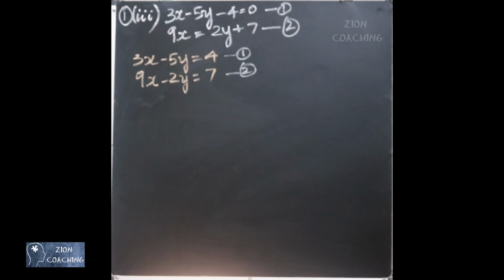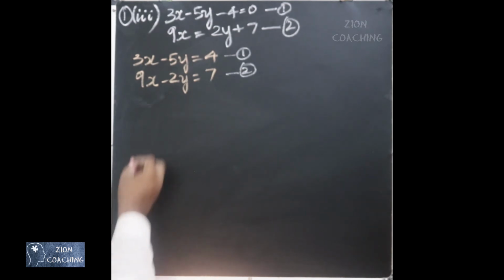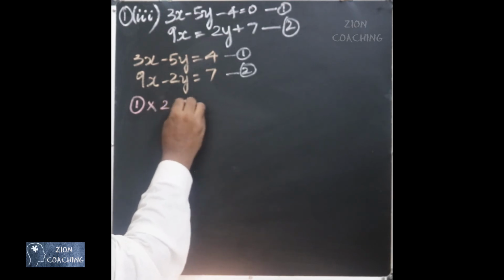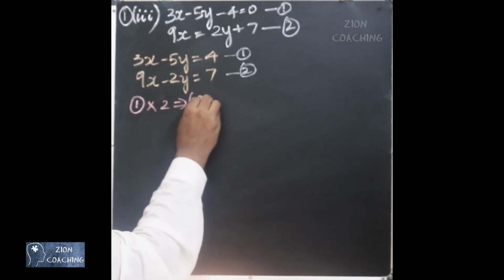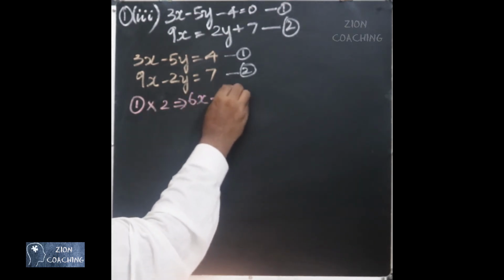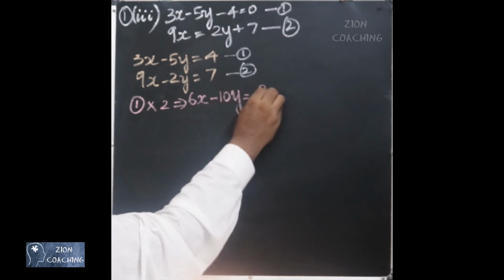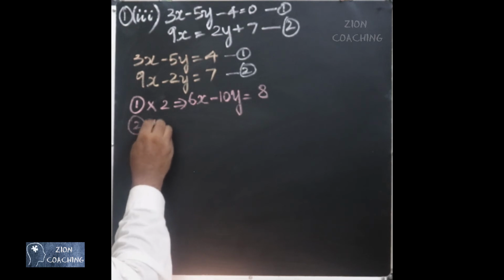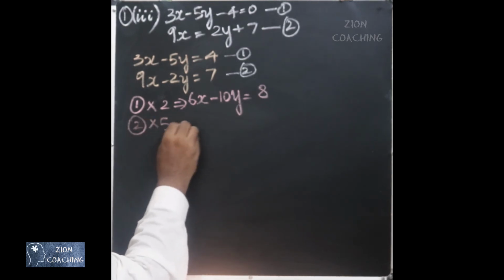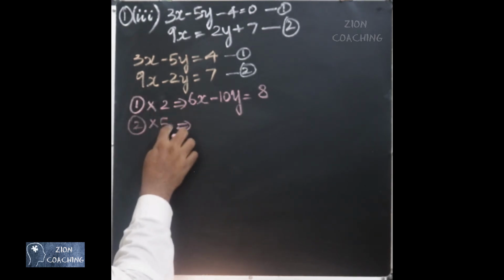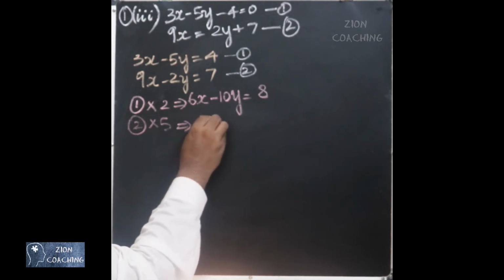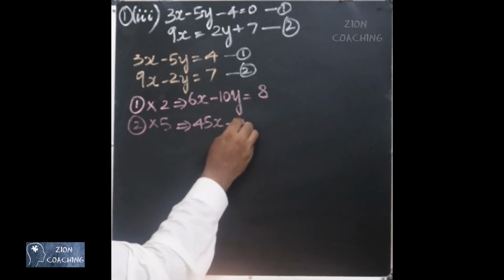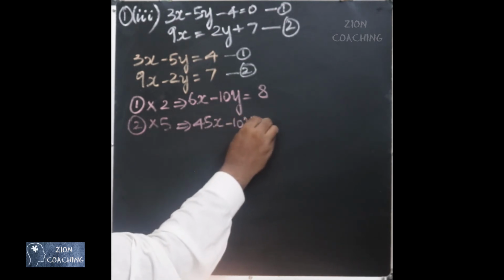So we are going to multiply the first equation by 2. That gives you 6x minus 10y equal to 8. Then the second equation multiplied by 5 will give you 9 into 5 is 45x minus 2 fives are 10, 10y equal to 35.